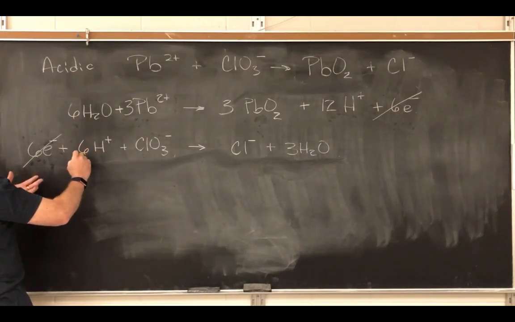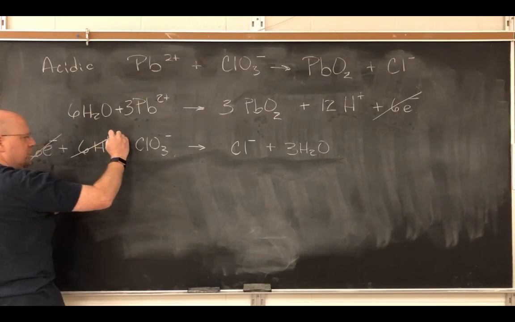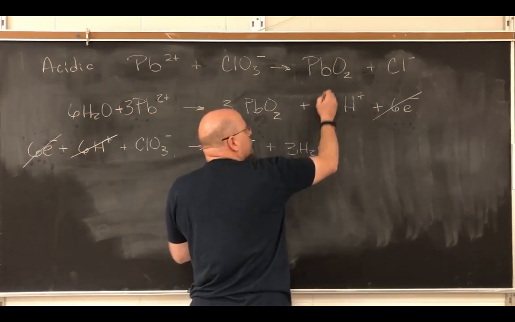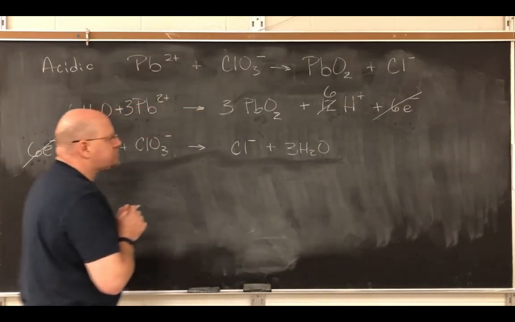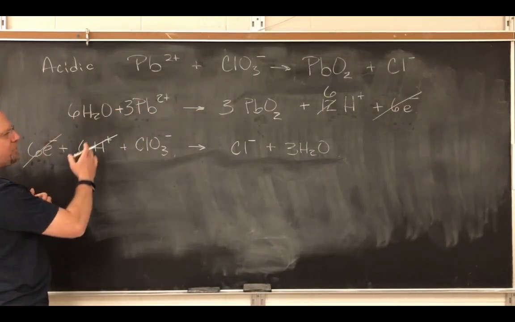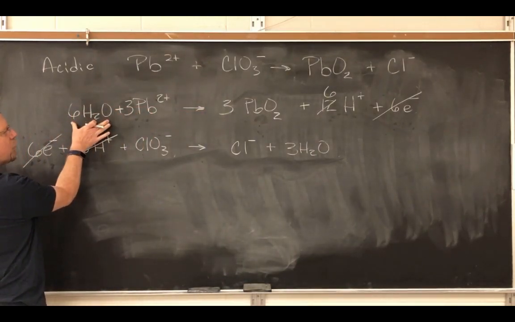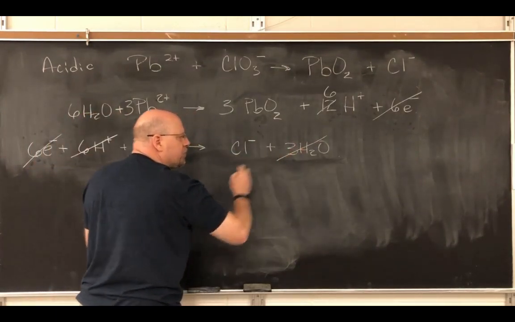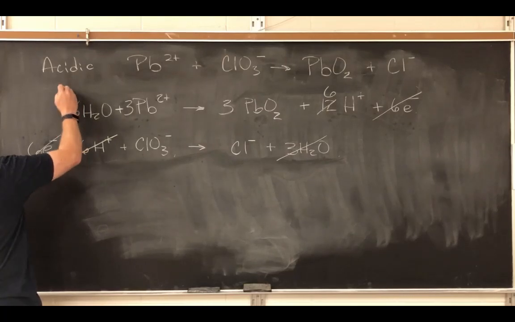Just like math, we're going to cancel out this completely. And this is going to go to 6. And we do the same thing with our waters. We've got 6 water molecules here. We have 3 here. These are going to cancel out completely, and this is going to turn into 3.